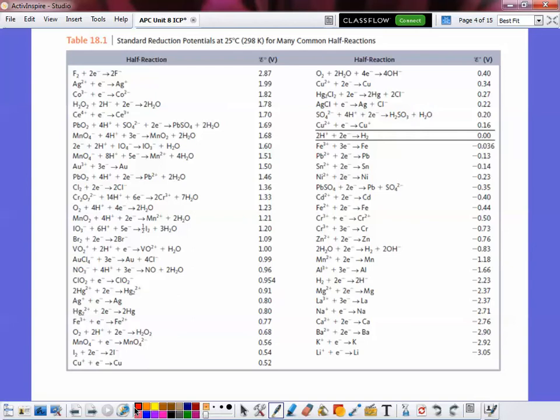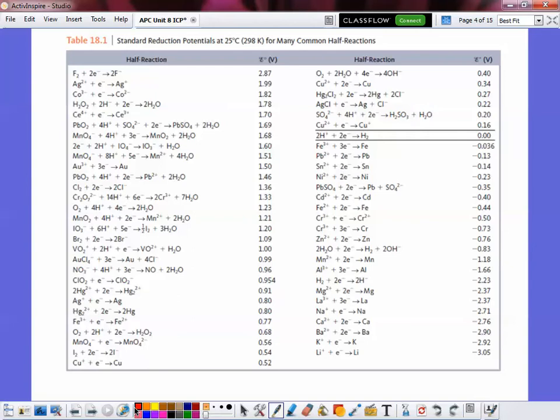What are these things called? Half reactions. They're all half reactions. What do you notice about all of those half reactions? They're all reduction half reactions. They are all written as a reduction equation. Okay? That's what this table is.